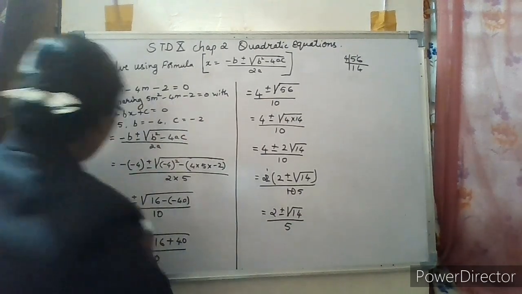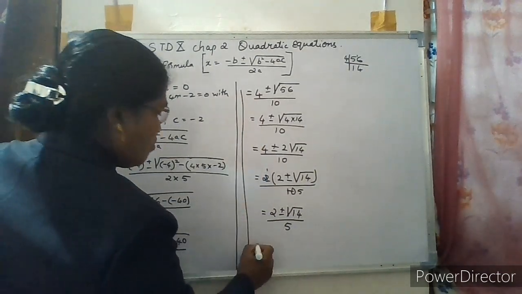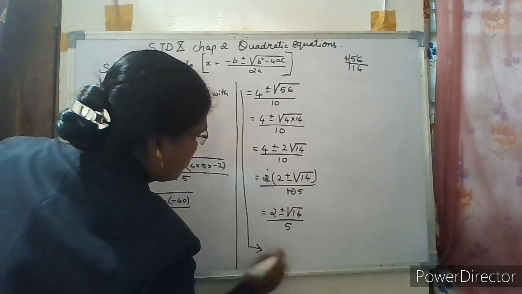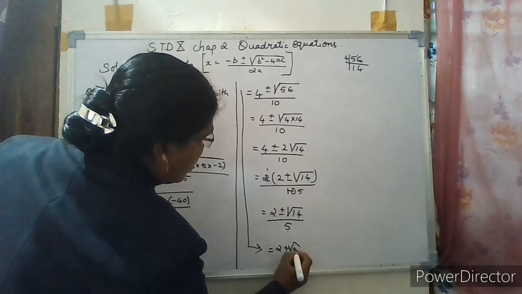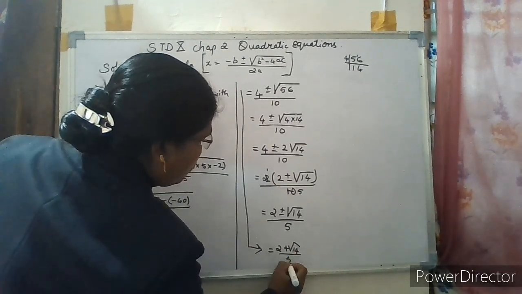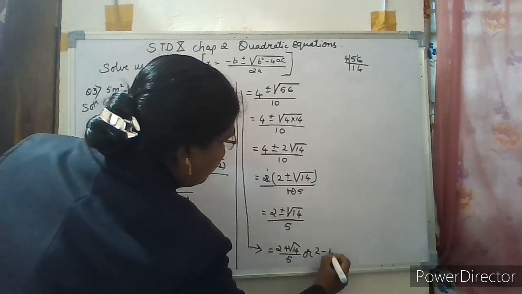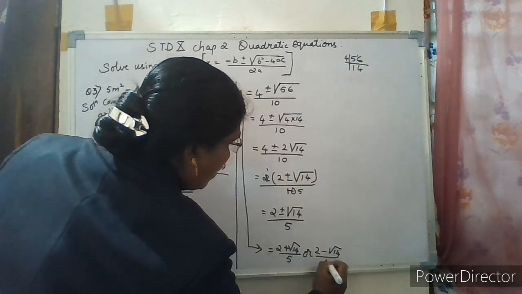So m is equal to 2 plus root of 14 by 5, or it is 2 minus root of 14 by 5.